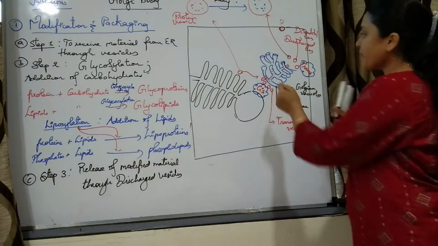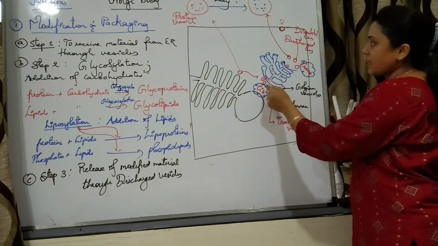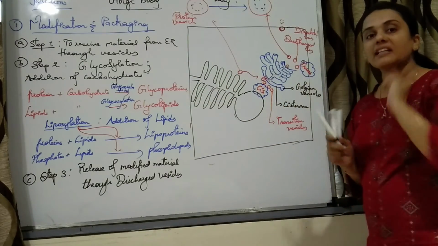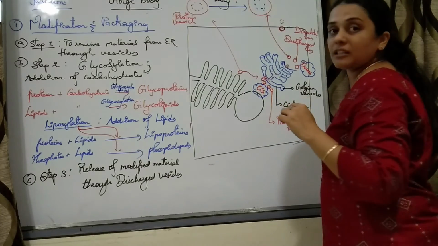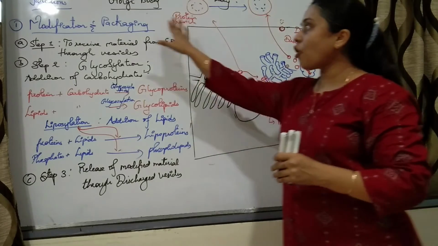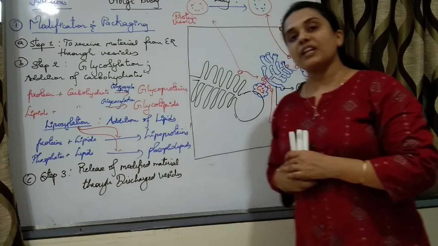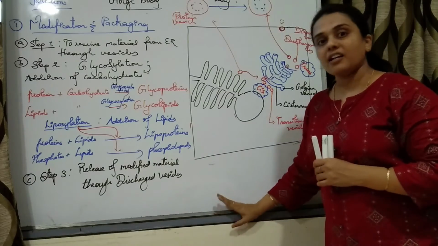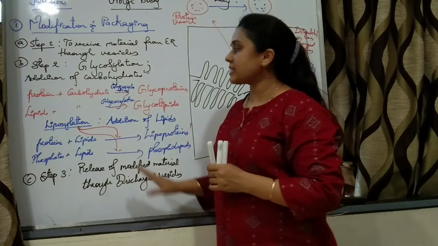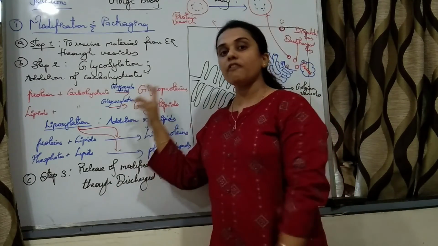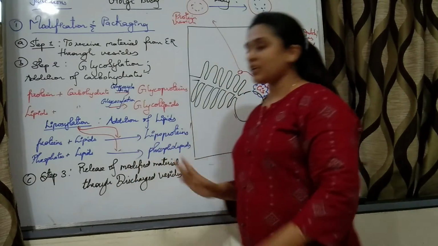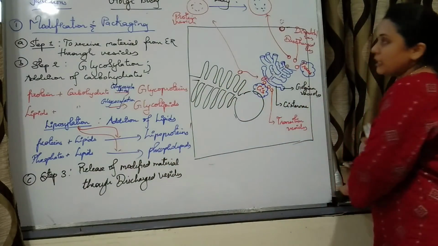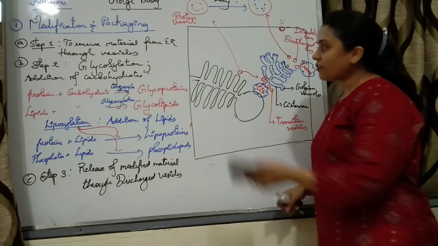Once modification is done, it is released by the discharged vesicles. So this is the most important function of the Golgi body, that is modification and packaging. The Golgi body is involved in the synthesis of glycolipids, glycoproteins, lipoproteins, proteins and phospholipids. Right?